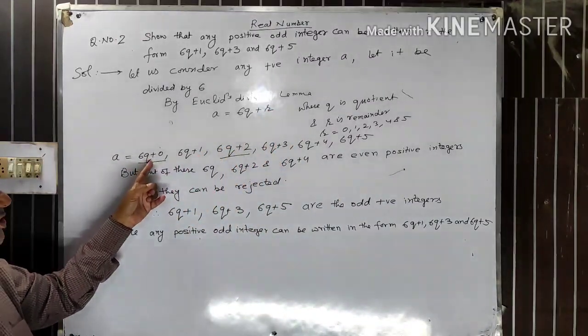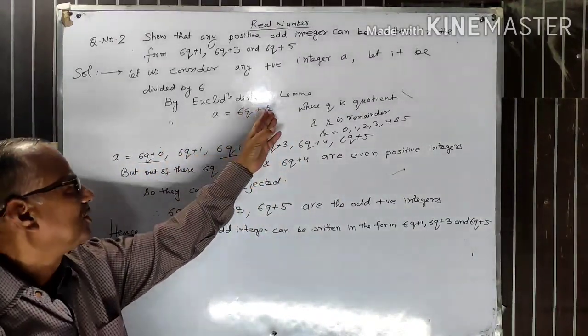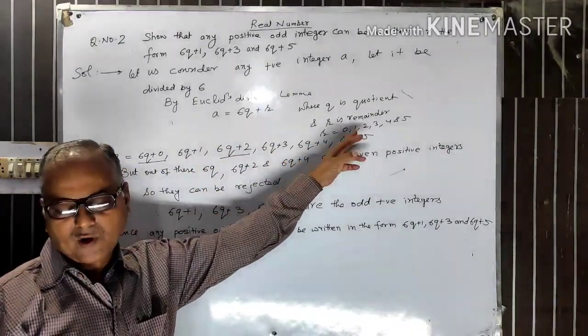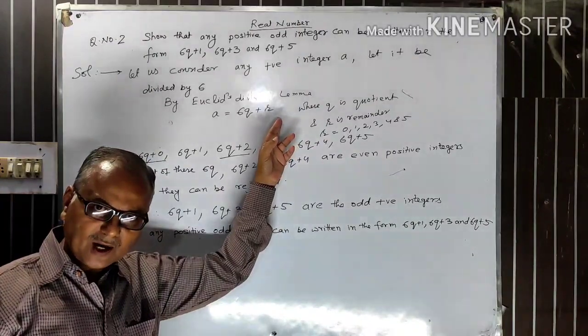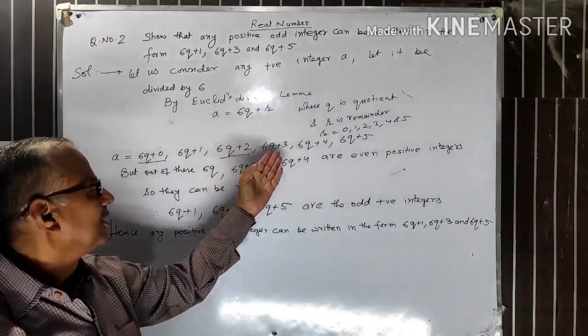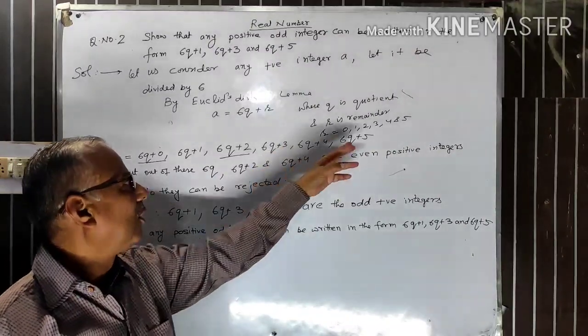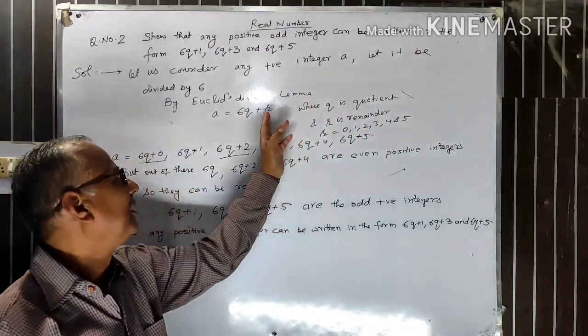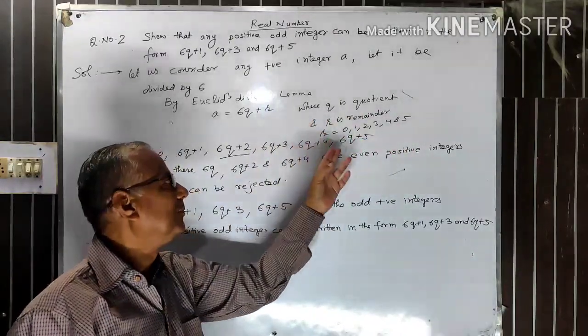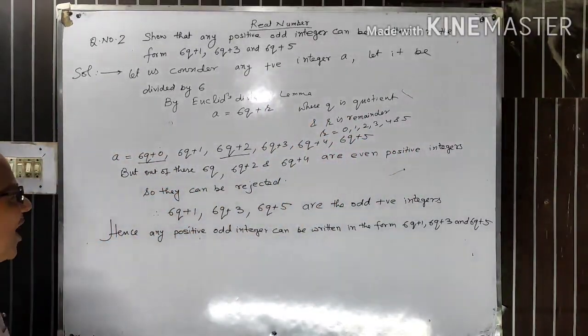It can take 6q plus 0, 6q plus 1, ये 1 जो वैल्यू दूसरा रिमाइंडर की वैल्यू 1 r की जगह, और r की जगह ये 3 पुट करेंगे तो इट विल बी 6q प्लस 3, और r की वैल्यू 4 पुट कर देंगे रिमाइंडर की, तो 6q प्लस 4 और 5 पुट करेंगे तो इट विल बी 6q प्लस 5.